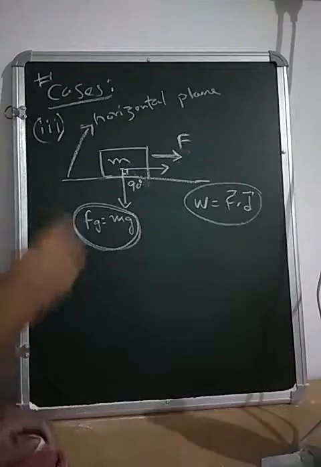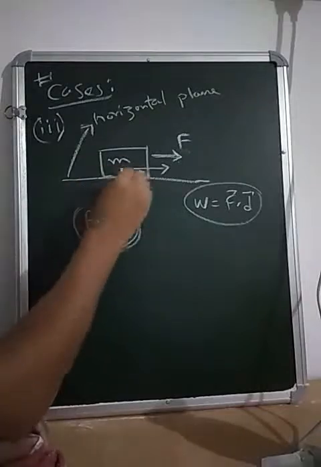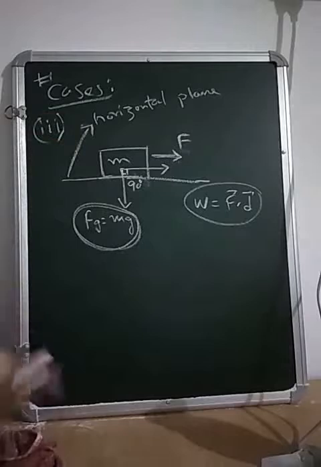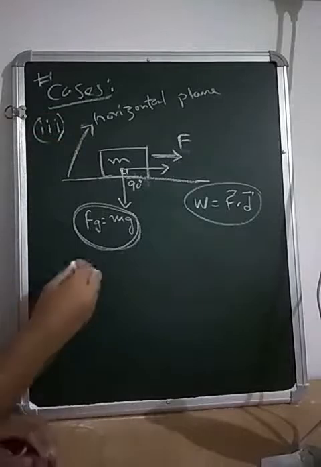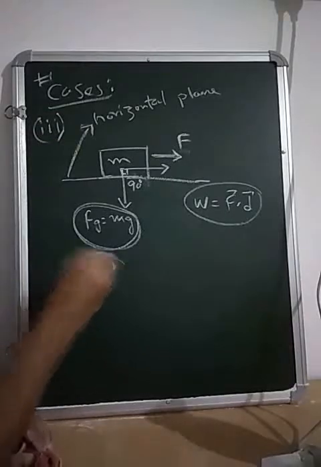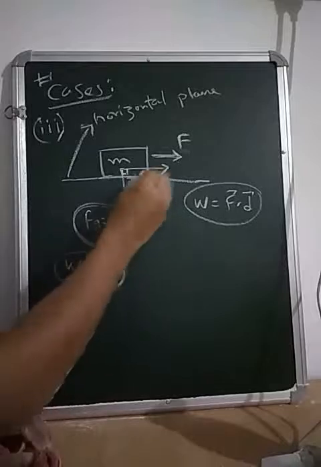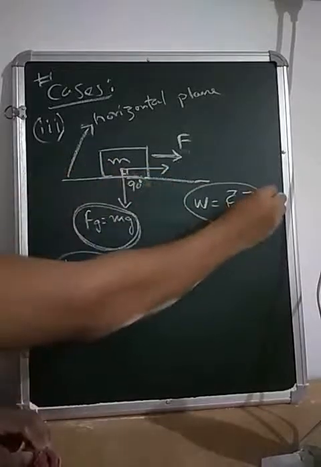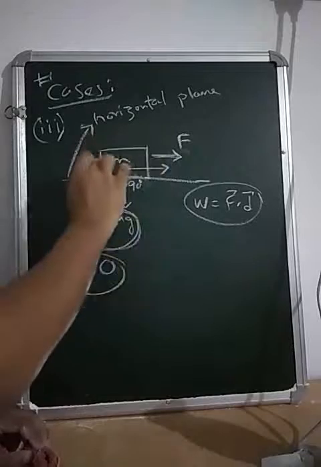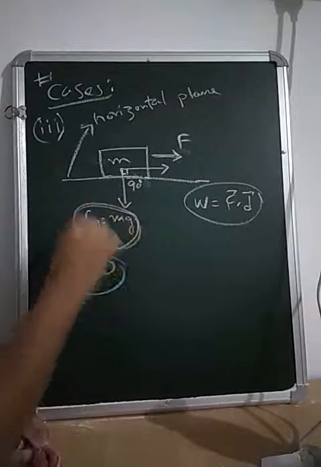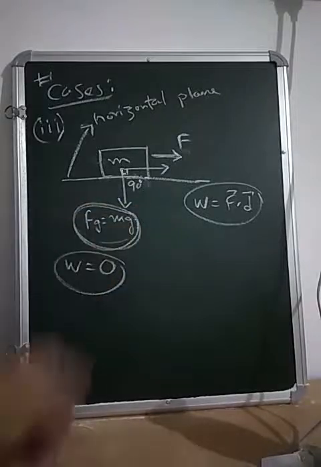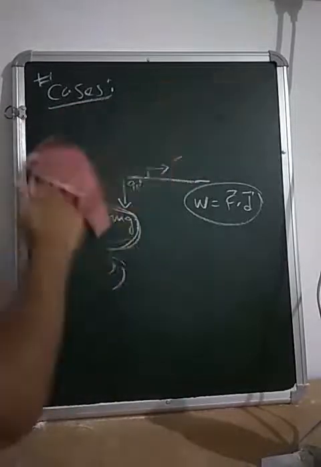So this is an example of zero work done when force and displacement are perpendicular to each other.